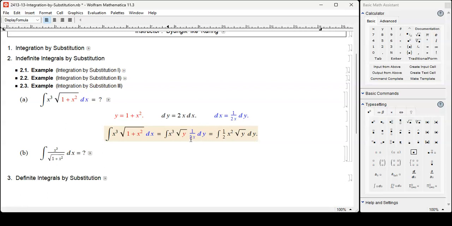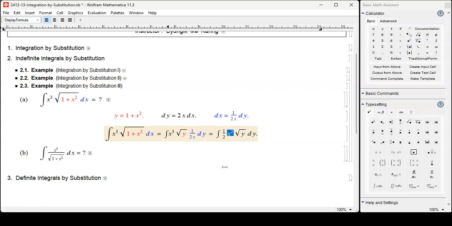So this 2 came from this 2 in denominator, and this x down here cancels out with x cubed, and we get x squared. And if we have square root of y dy, everything is good, but there's a problem.